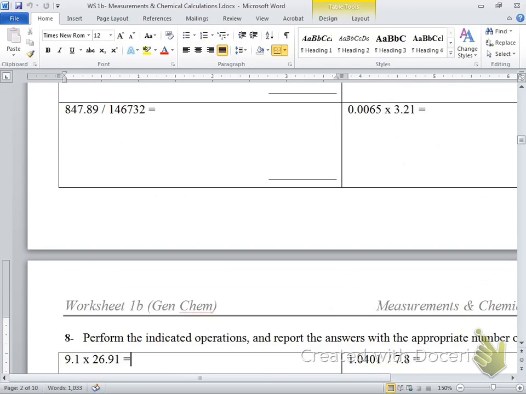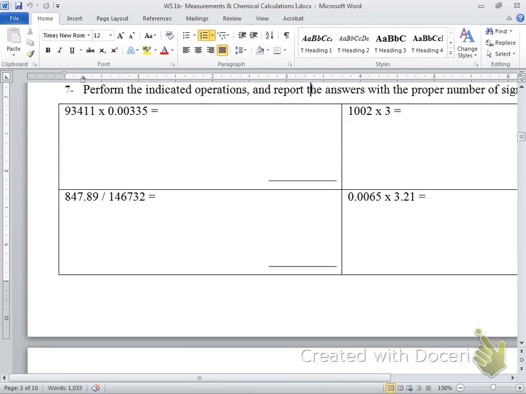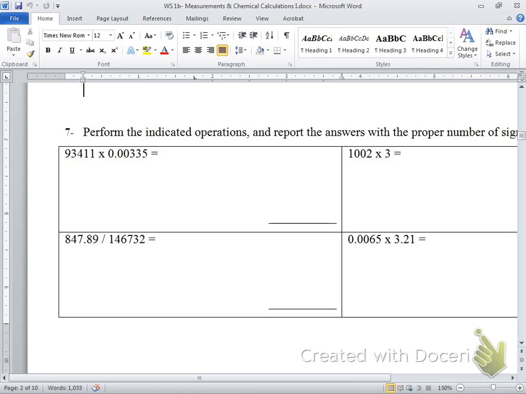All right, so now what we're going to do is start doing some rules. These are multiplication and division problems. I don't know why she didn't have 2 multiplications and 2 divisions. But the rules are like this. For multiplication, division, square roots and powers, all the same rules apply.